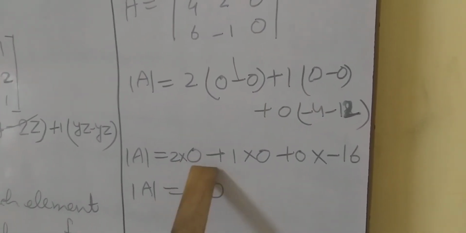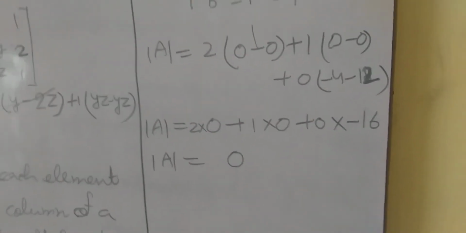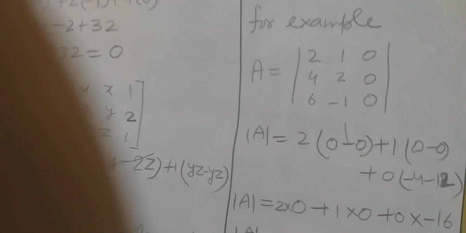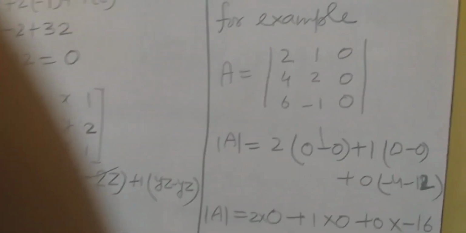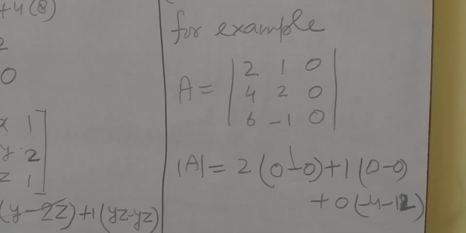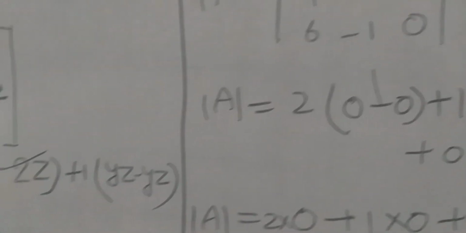So 2 into 0, 1 into 0, 0 into minus 16 means 0. So the determinant of A is 0. So remember this rule: if all elements of a row or column are 0, then the determinant is 0.